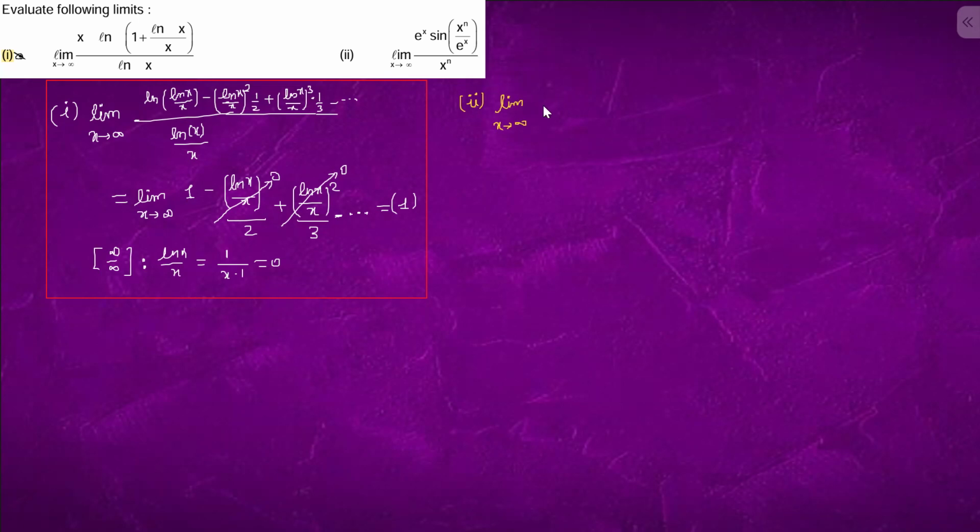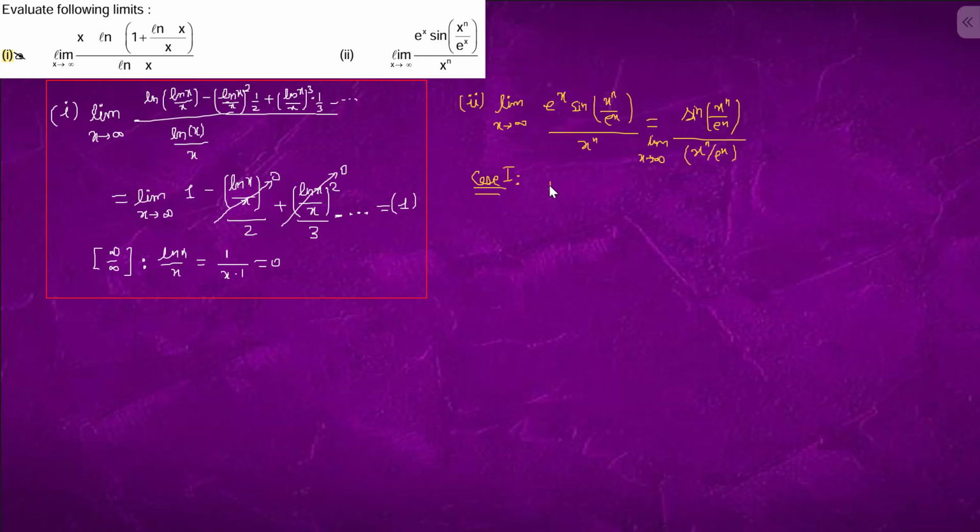We'll have to take different cases. First, we can write this as (sin x / x)^n by e^x times (x^n / e^x), with the limit x tending to infinity.